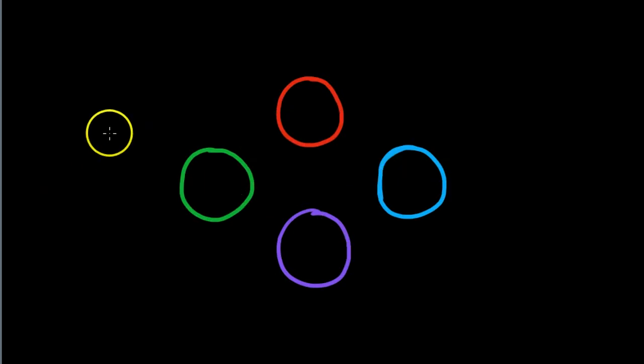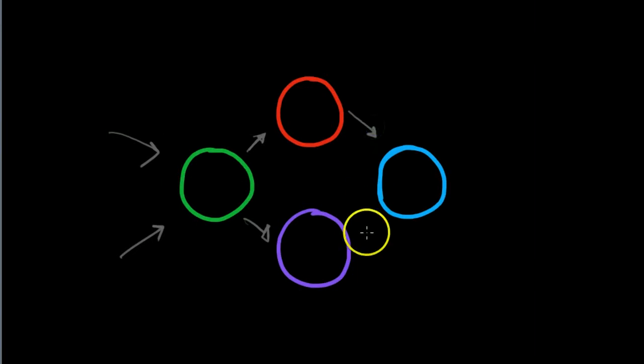The external inputs result in outputs which act as inputs for the other set of colonies. The output from this red cell acts as the input for the blue cell, and the same here, the output from the purple cell acts as the input for the blue cell.